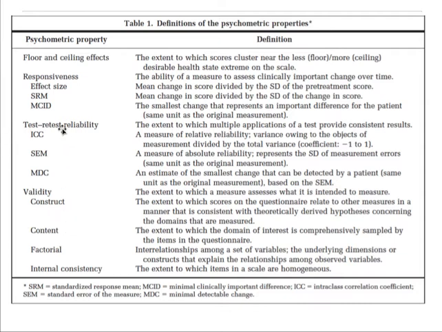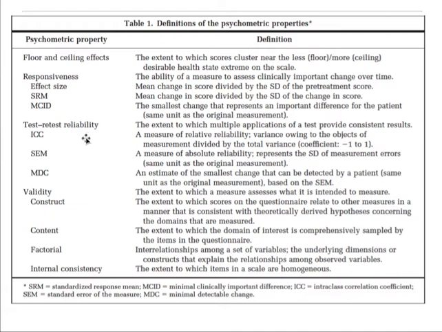So let's look at some of the items they're identifying. So floor and ceiling effects, responsiveness, which the only variable of these that we've covered is the MCID, test-retest reliability, which includes ICC, standard error of the measurement, the MDC, and then ideas related to validity, construct, content, and then we didn't cover factorial or internal consistency.